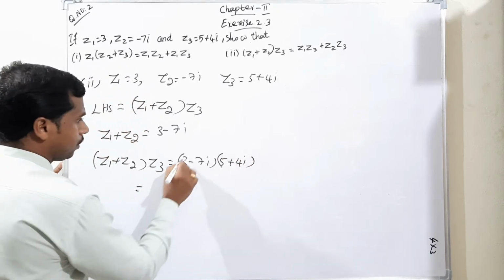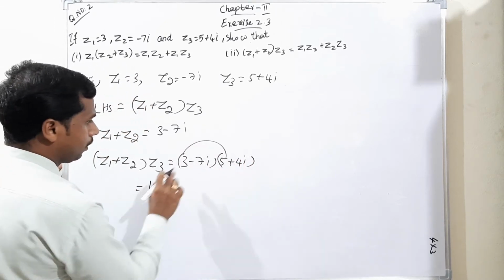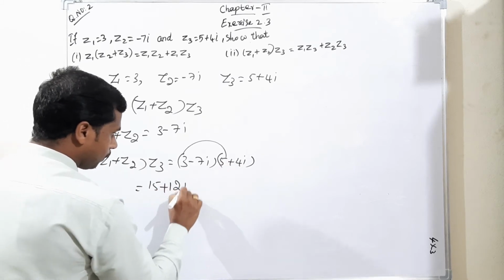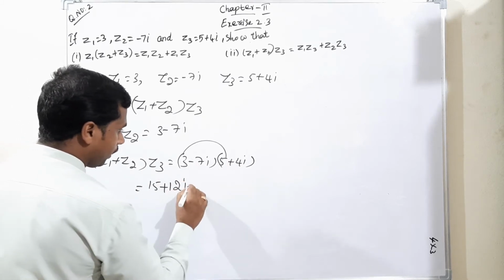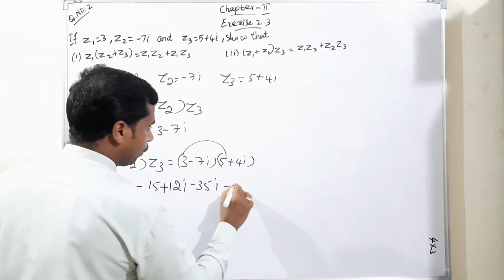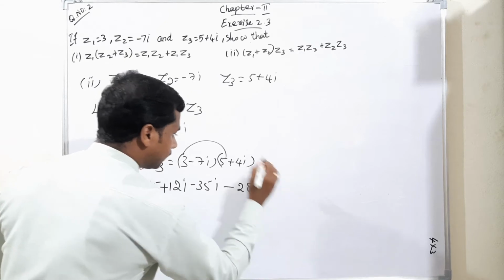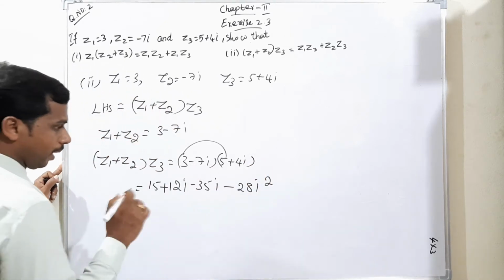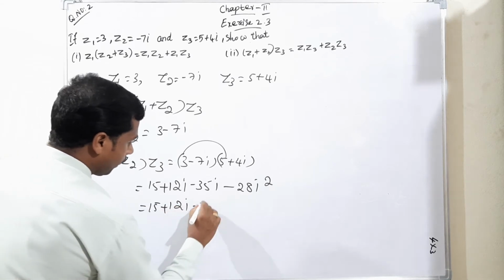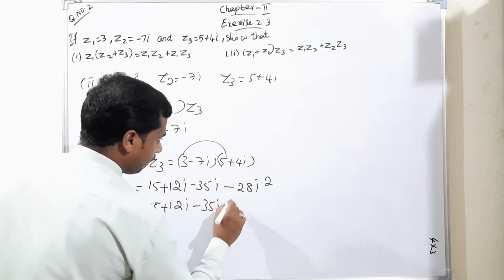Multiply now. So 3 into 5 is 15. Again 3 into 4i means plus 12i. Minus 7 into 5, minus 35i. Again minus 7 into 4, minus 28i square. i square means the value will be minus 1. So again 15 plus 12i minus 35i.